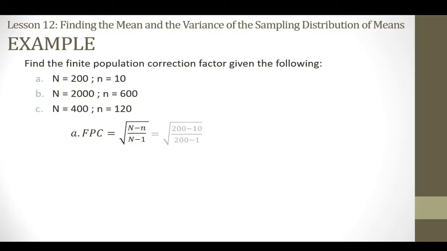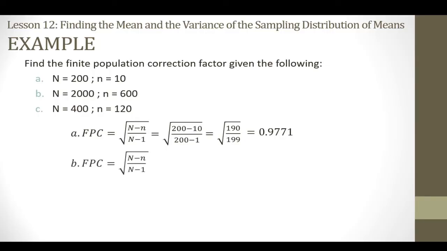Then, yung ating sample ay 10. So, compute na natin. 200 minus 10, 190. Then, 200 minus 1, 199. So, the square root of 190 over 199. Pag kinompute ko yan sa calculator, we need 4 decimal places. The answer is 0.9771. Kuha ba? Okay, good.